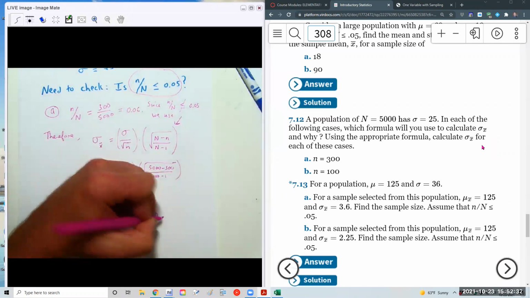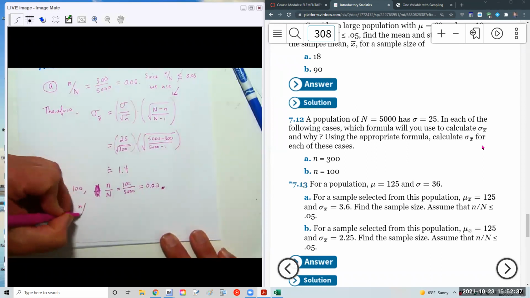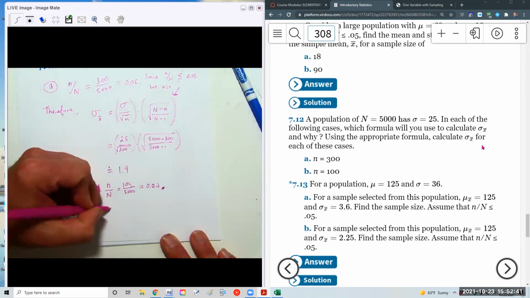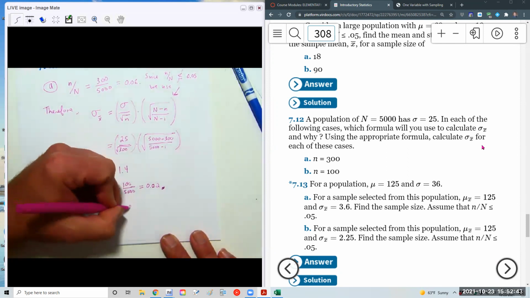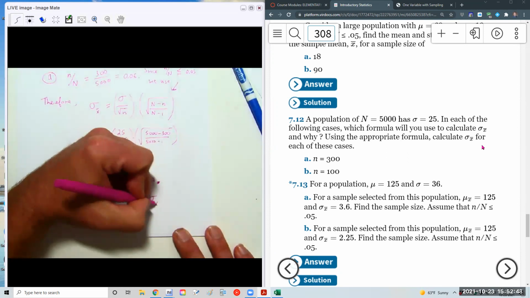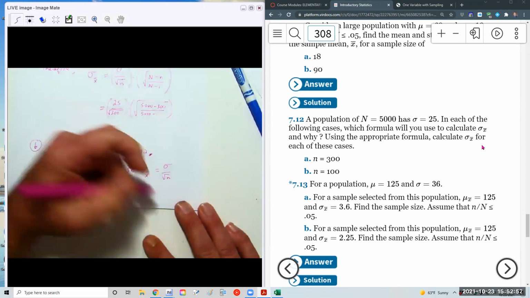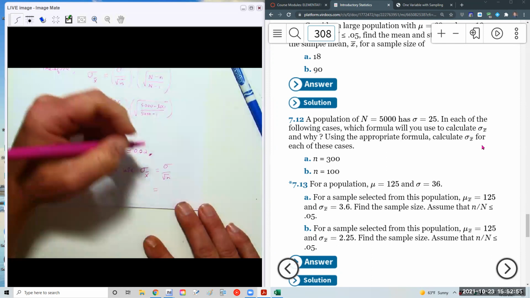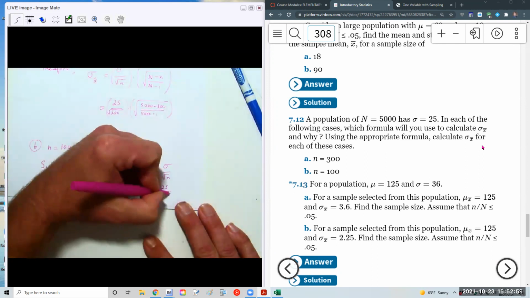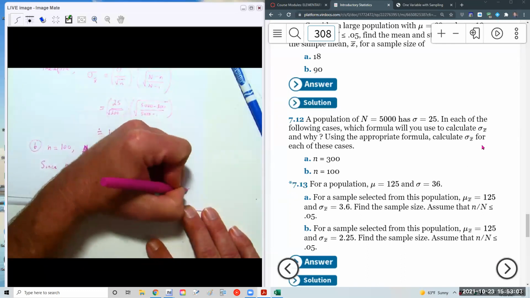So I'll just put a period there. And we'll just say this, since little n over big N was less than or equal to 5%, we use the formula sigma x bar equals sigma over square root n. And that's just going to be equal to 25, the given standard deviation of the population, divided by the square root of 100. So that's going to come out to be 2.5.